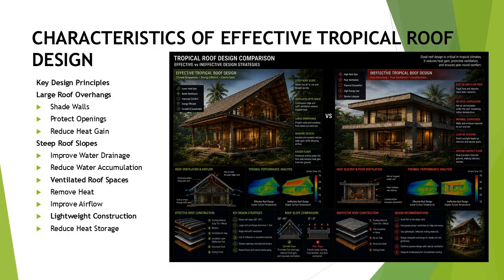The fourth principle is lightweight construction. Heavy materials store heat. Lightweight materials respond more quickly to changing environmental conditions. Traditional tropical architecture applied these principles remarkably well. Modern architecture often benefits from revisiting these lessons.